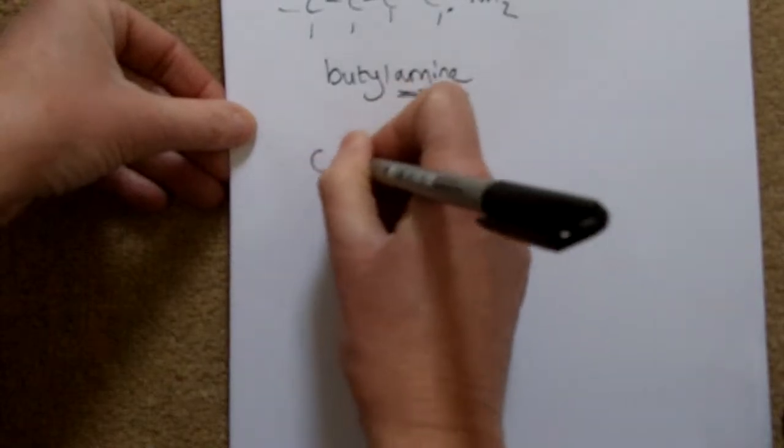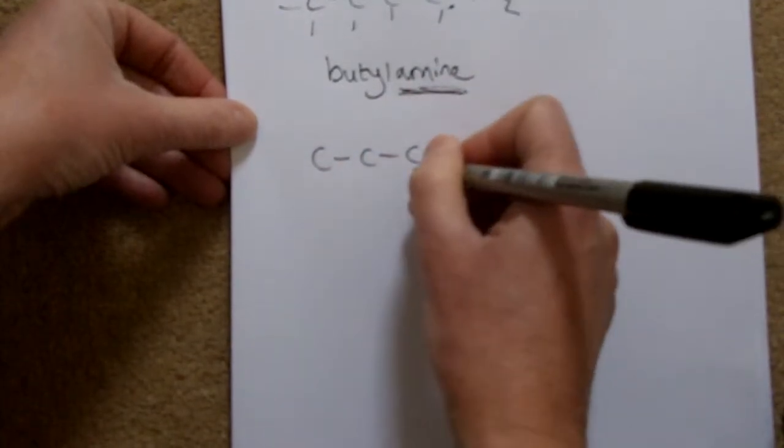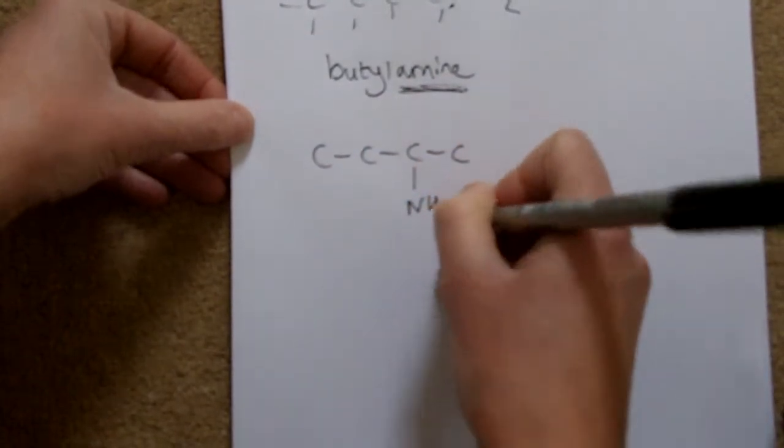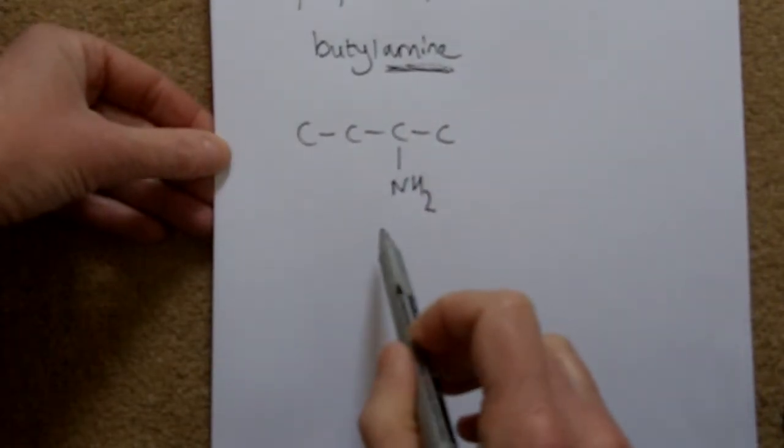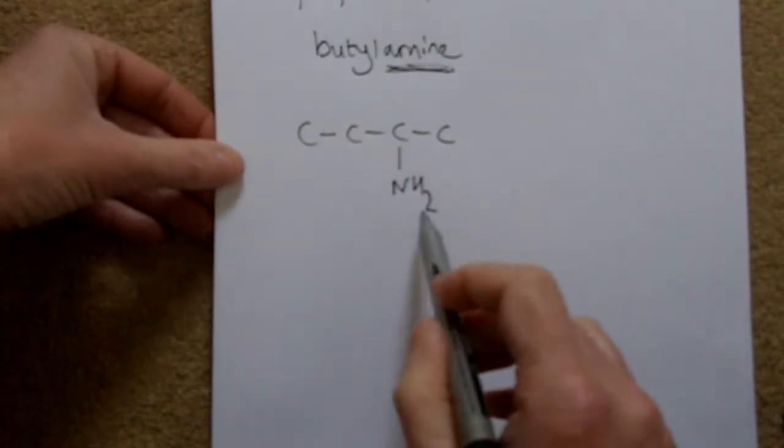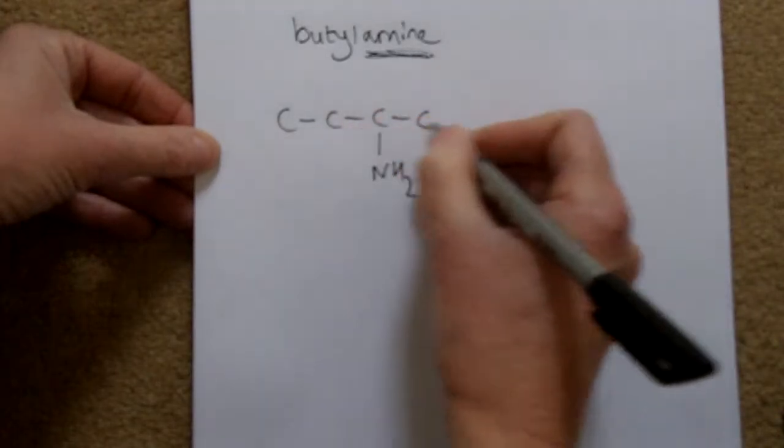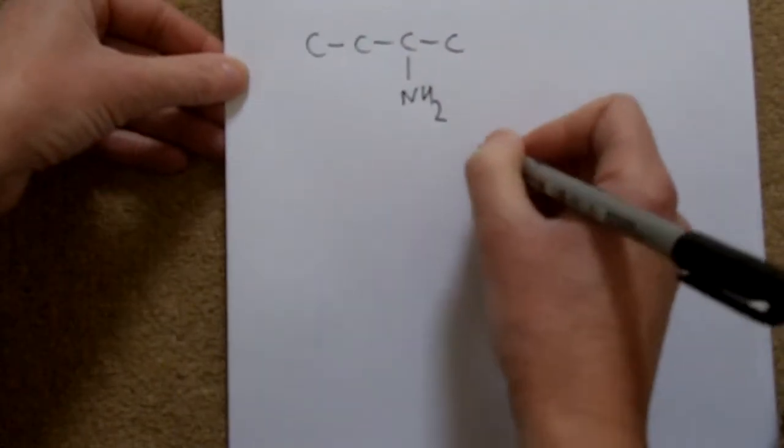For example, if you have this, can you see that it's on carbon 2? Well, it's not called amine anymore. So what you do, the main chain is butane.